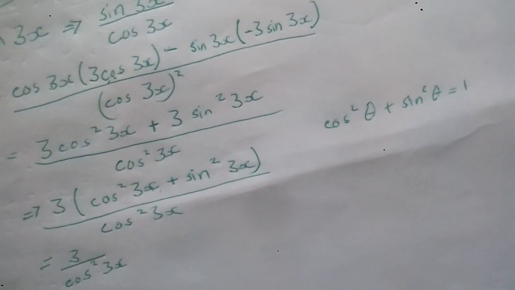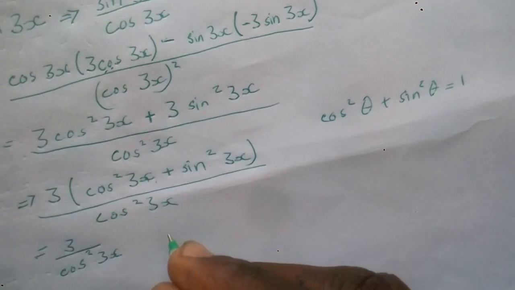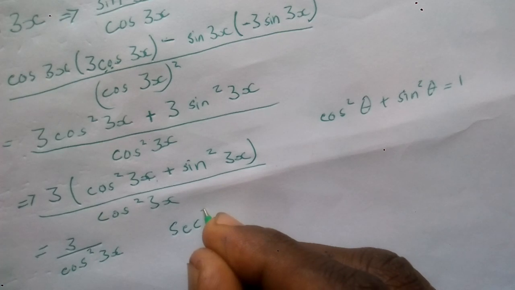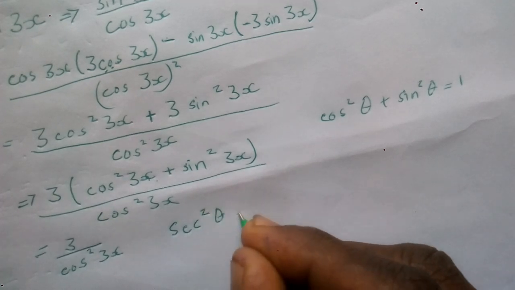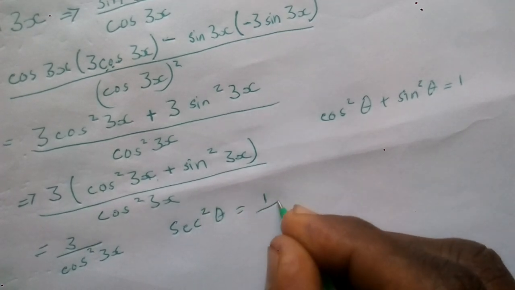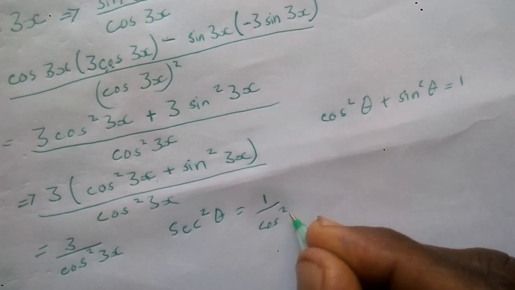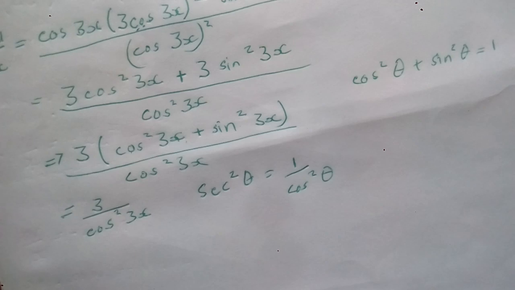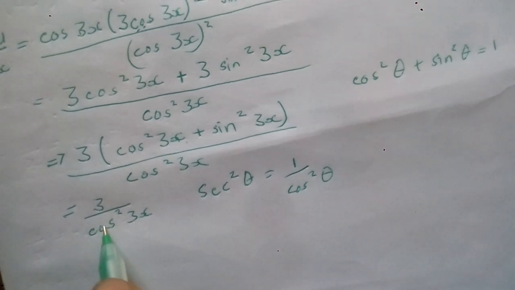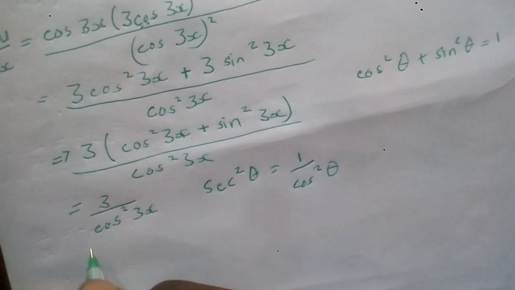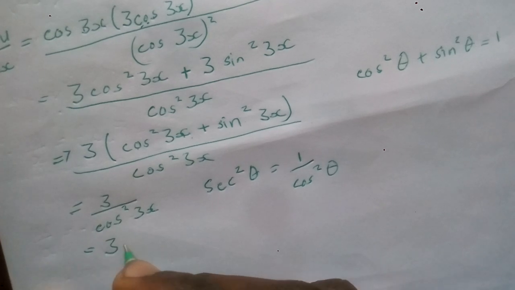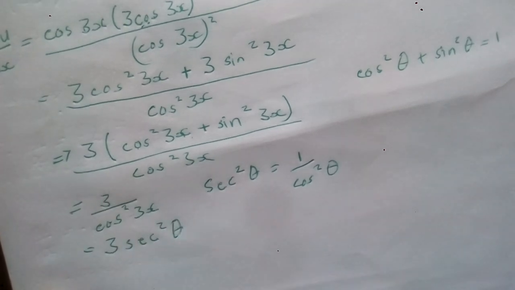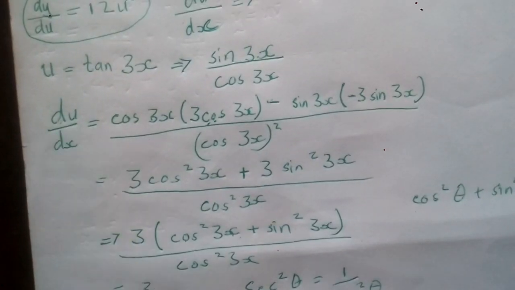And remember, in trigonometry, sec squared theta is equal to 1 all over cos squared theta. So here we replace this with sec, which will be equal to 3 sec squared 3x.